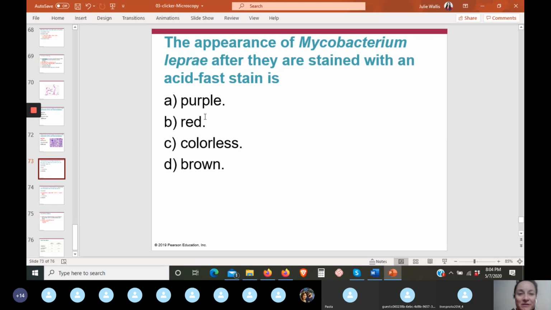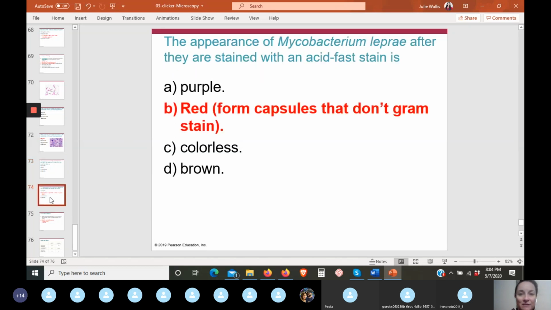Appearance of Mycobacterium leprae after they are stained with an acid-fast stain. This is another type of bacteria that has a different substance on the outer surface of its cell wall that also resists staining. So acid-fast stain is another type of special stain, and these would appear red.